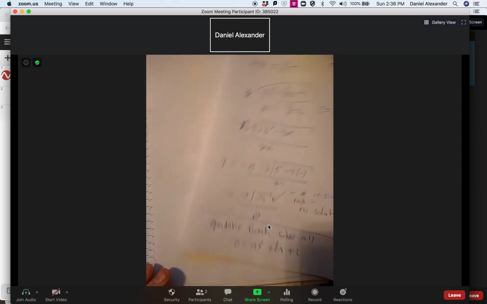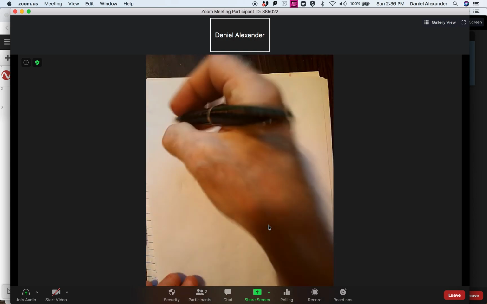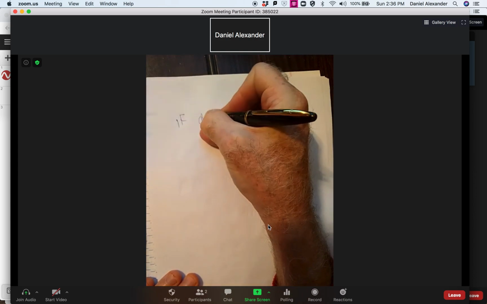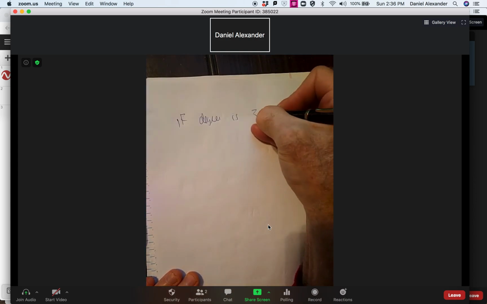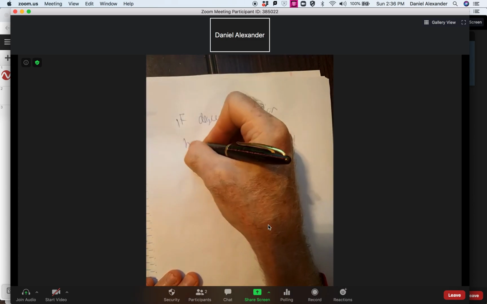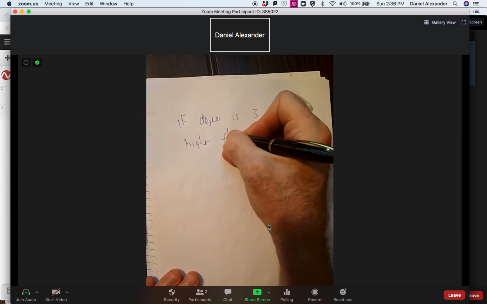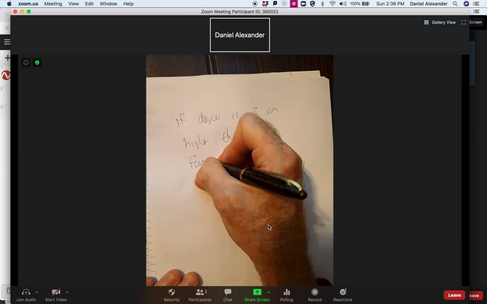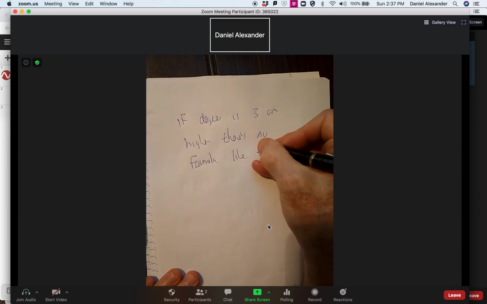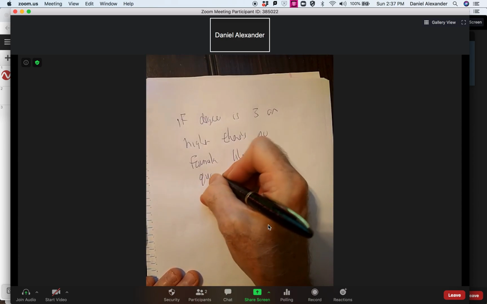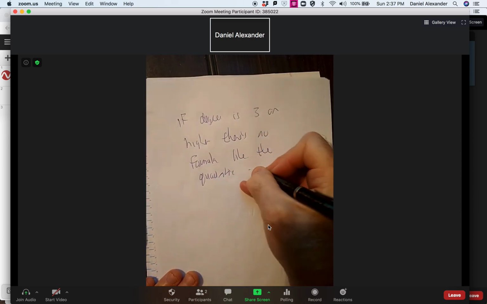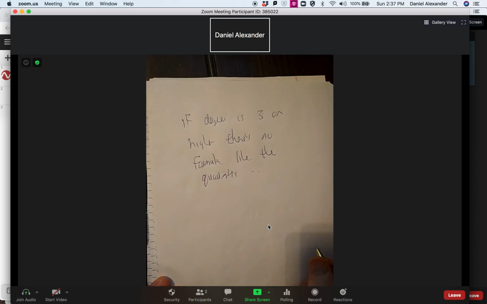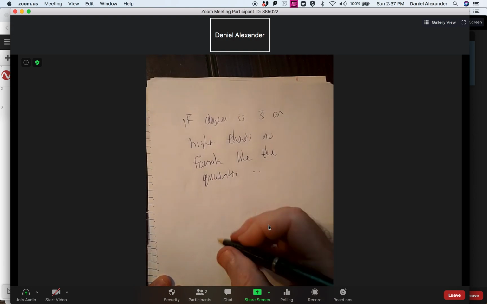However, if the degree is 3 or higher, there's no formula we can use. So there's no formula like the quadratic. So we're lucky with the quadratic equation. Now, there are formulas for degree 3 and 4, but they're hard, and they're really beyond the scope of this class. But basically, there's no formulas, so we need to be lucky. So we need to be able to factor.